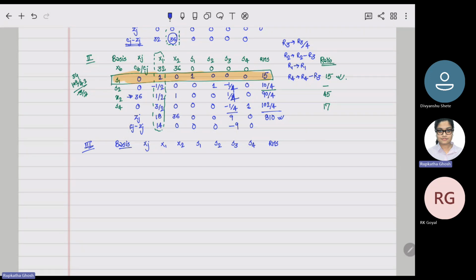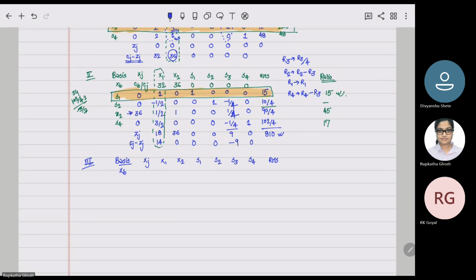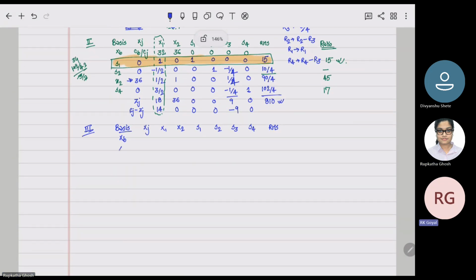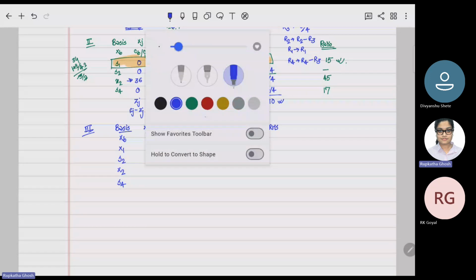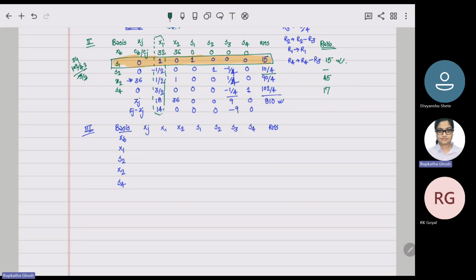Now in your third iteration, you will replace S1 with X1, right? Yes, and the row operations would remain the same. So X1, S2, X2, S4. I hope this is going to be the last iteration. Okay, let's go on. So X1 now is 32, 0, 36, 0.